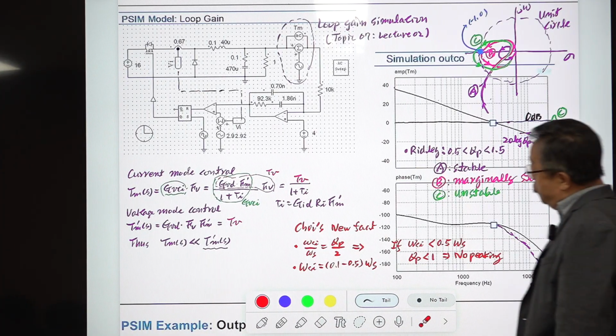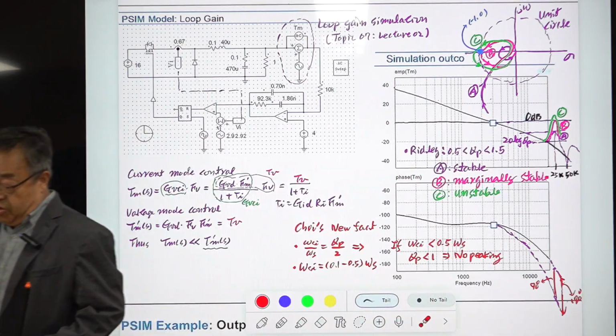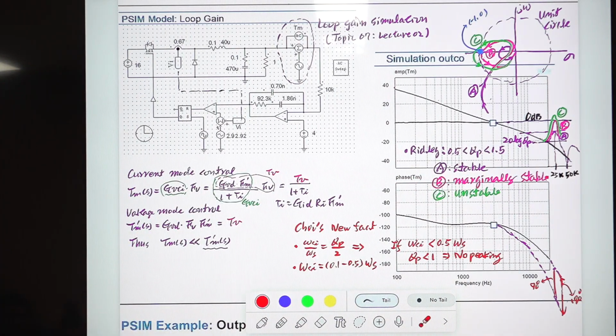And this is my new finding. I found this about 10 years ago. There is a relationship between these.